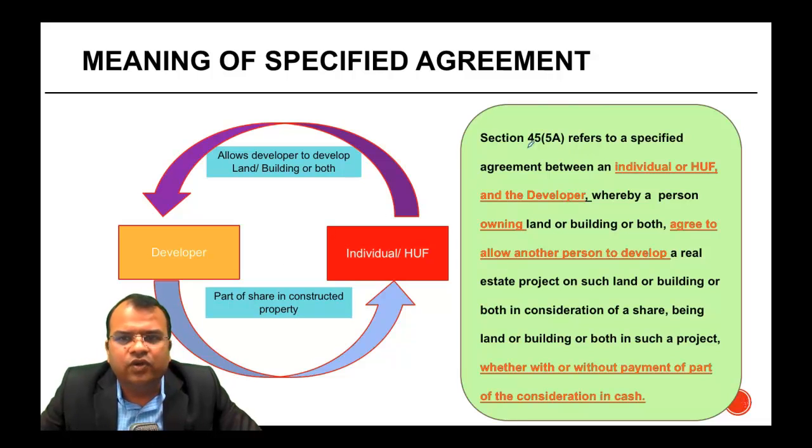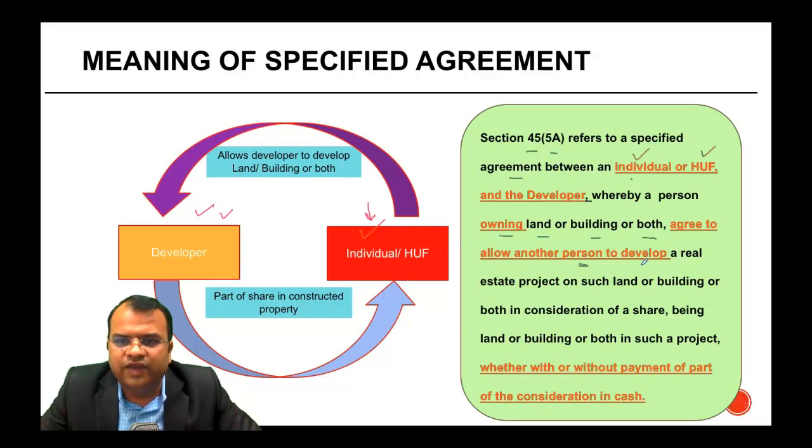So section 45(5A) refers to a specified agreement between an individual or HUF, which is here, and the developer, whereby a person owning land or building or both, so who's the owner? The individual or HUF, agree to allow another person, who's the another person?